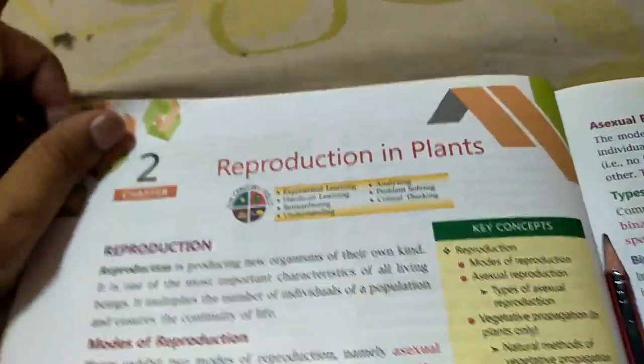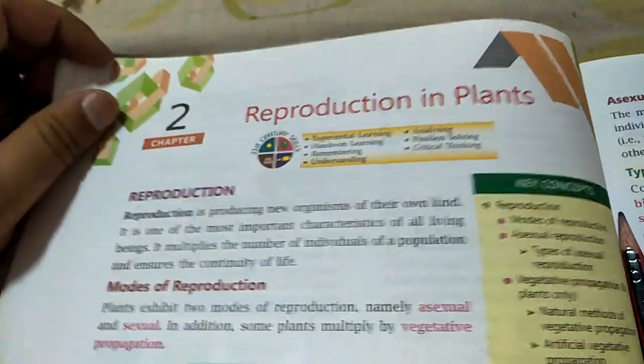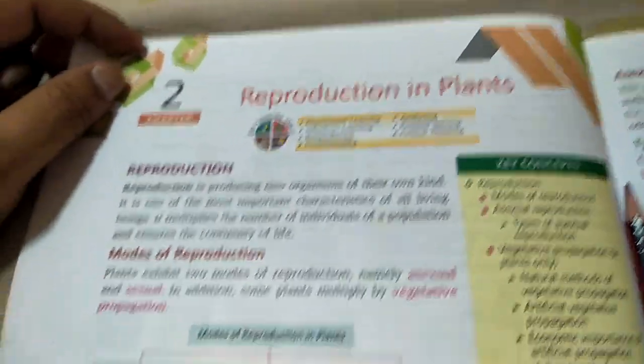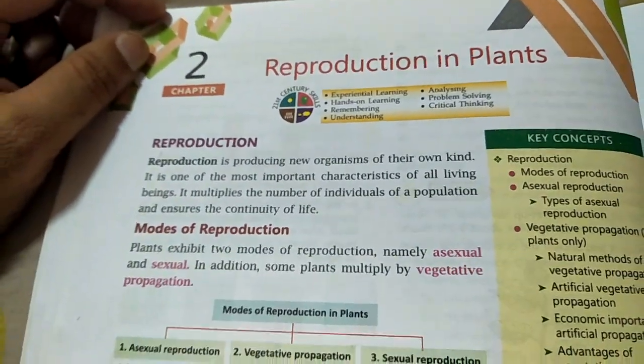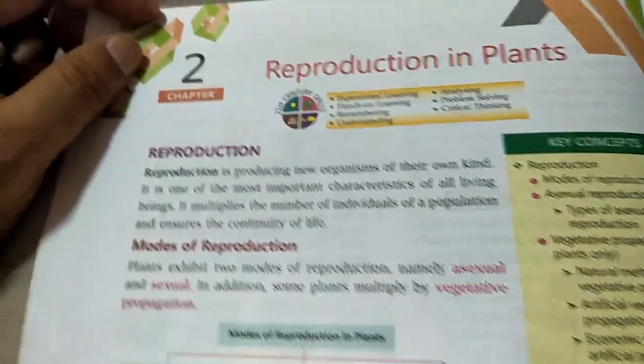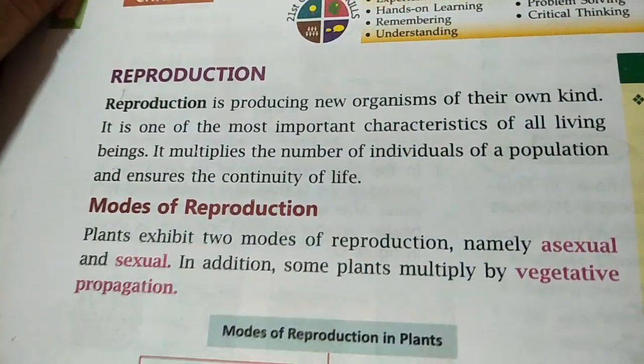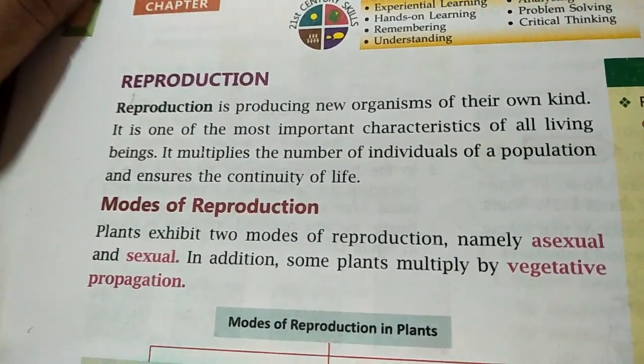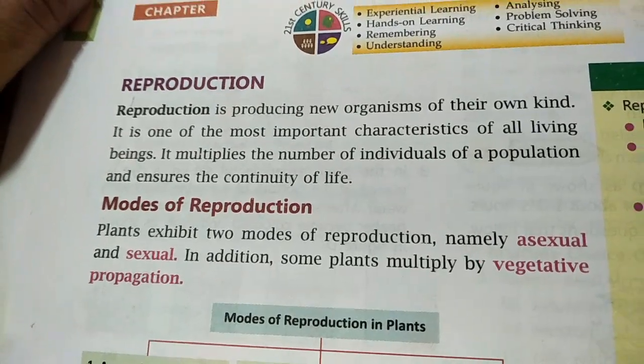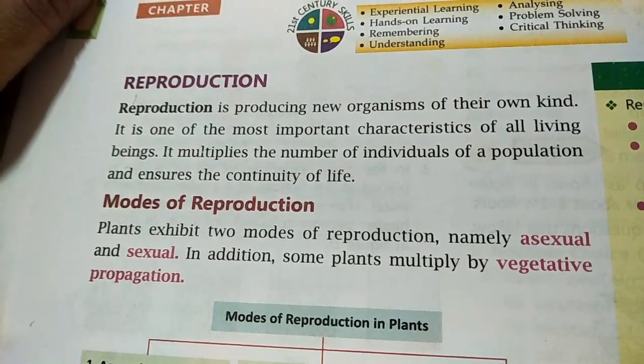Okay, so the chapter is reproduction in plants, and this is for class 8, chapter 2 here. So we start here. Reproduction is producing new organisms of their own kind.